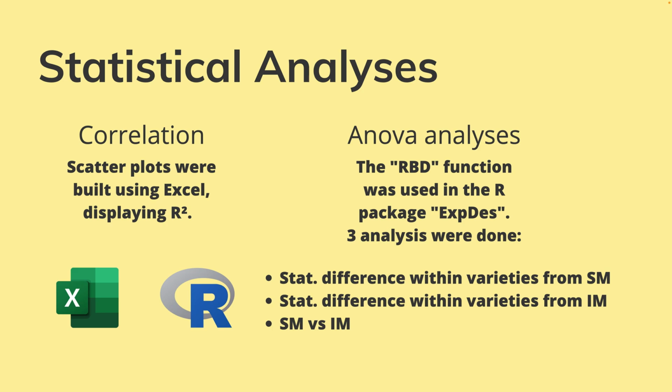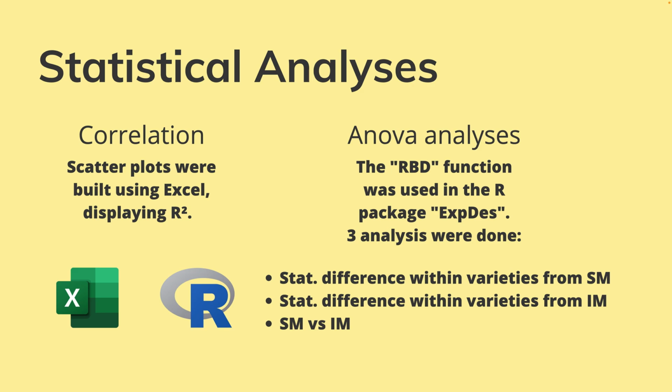Then the statistical analysis. For correlating the agronomic traits with yield, scatter plots were built using Excel, displaying the R squared. Then for the ANOVA analysis, the RBD function was used in the R package ExpDes. Three analyses were done. The first one was if there was statistical difference within varieties from center management. Then if there was statistical difference within varieties from intensive management.